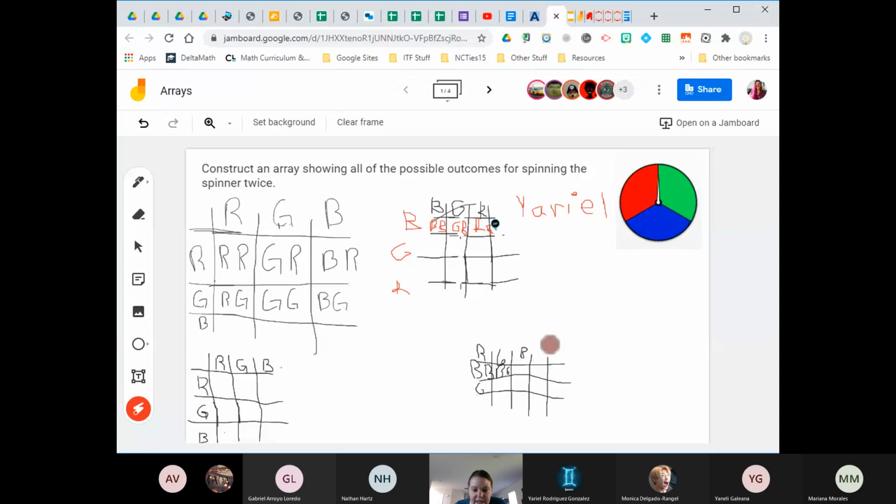So I don't know whose this one is down here, but remember we write the top number or the top value first, okay? So like you have blue, green here, and it should be green, blue.